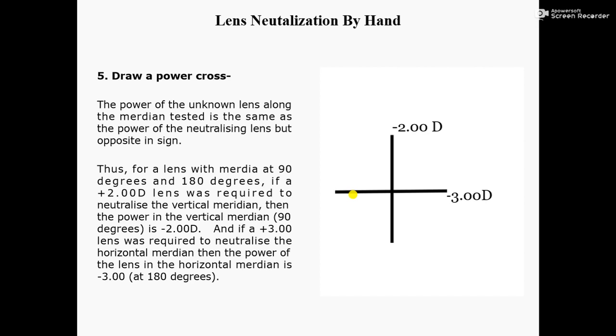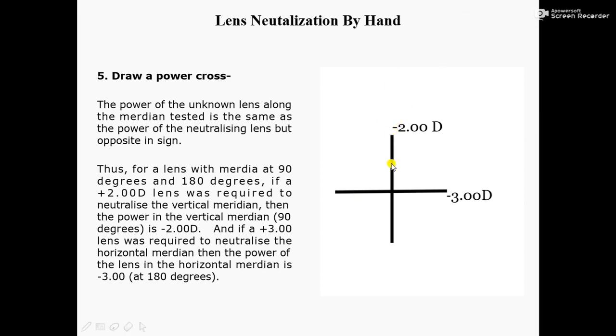Thus, for a lens with meridians at 90 degrees and 180 degrees, if a plus 2 diopter lens was required to neutralize the vertical meridian, then the power in the vertical meridian, 90 degrees, is minus 2 diopter. See the diagram.